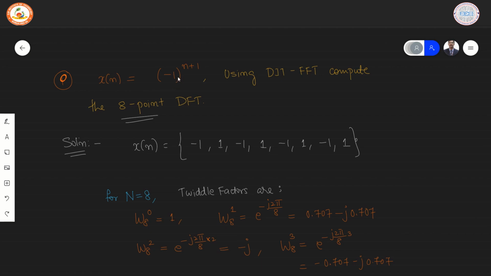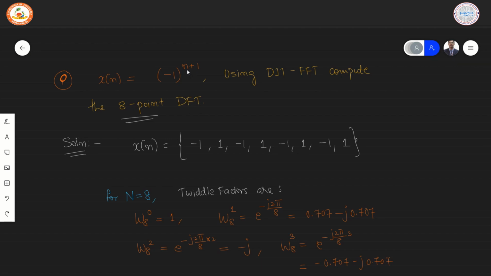Therefore, substituting the value of n equal to 0, we get the answer as minus 1. Next, n equal to 1, you get the answer as 1. Next, you'll get minus 1. Like that, you'll get alternating patterns of minus 1 and plus 1. Whenever the value of n is even, the sum n plus 1 is going to be odd, and odd powers of minus 1, answer is minus 1.